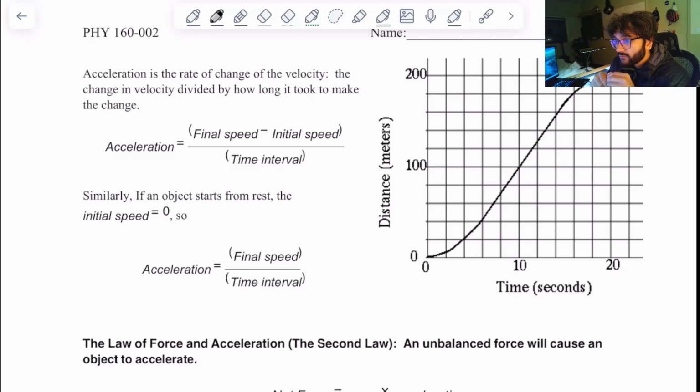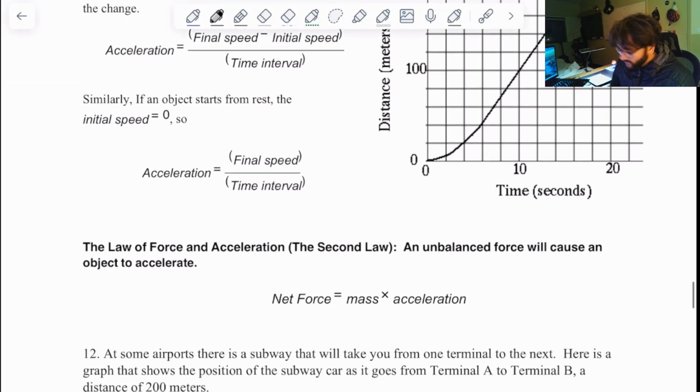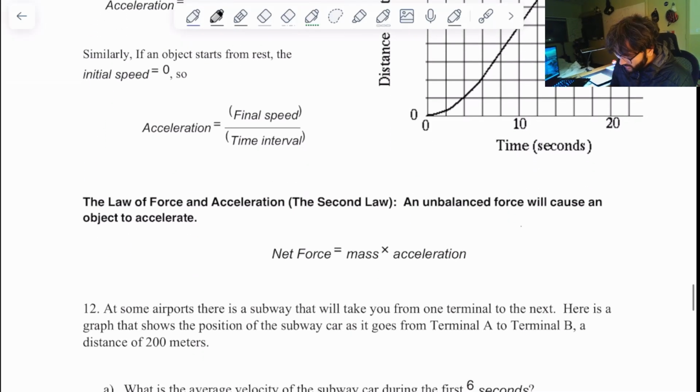The law of force and acceleration is the second law. It basically says that an unbalanced force will cause an object to accelerate. In other words, net force equals mass times acceleration, which I can write as F equals ma. This F is actually the net force. This is not just one force, two forces, or any number of forces.